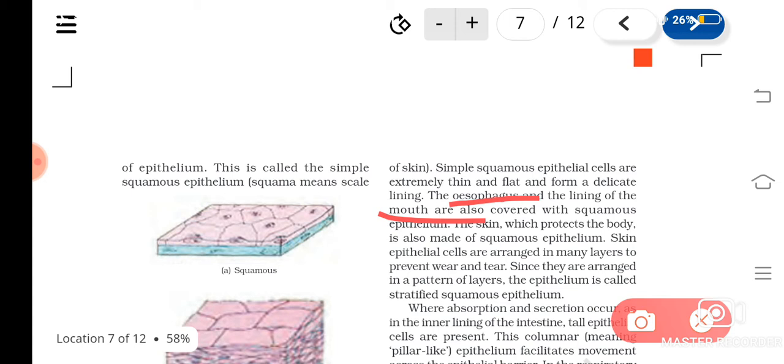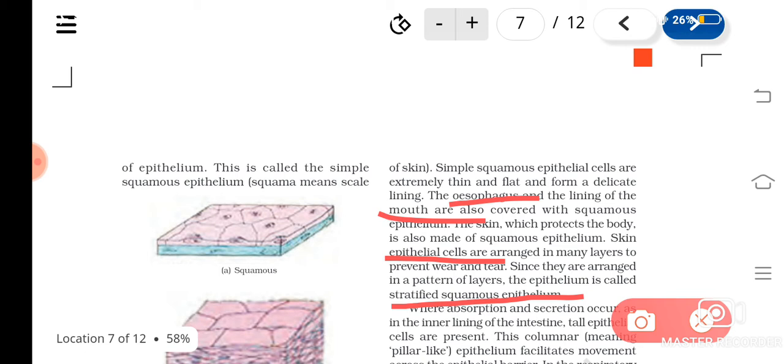Then in skin, epithelial cells are arranged in many layers. These are known as stratified squamous epithelium. Stratified means different strata or layers.